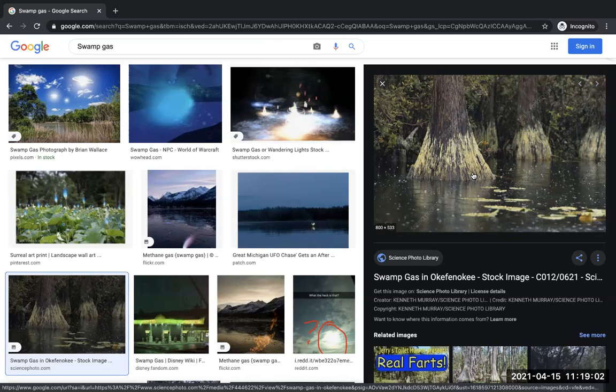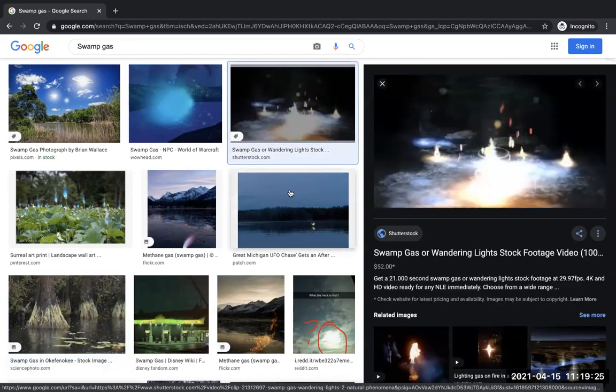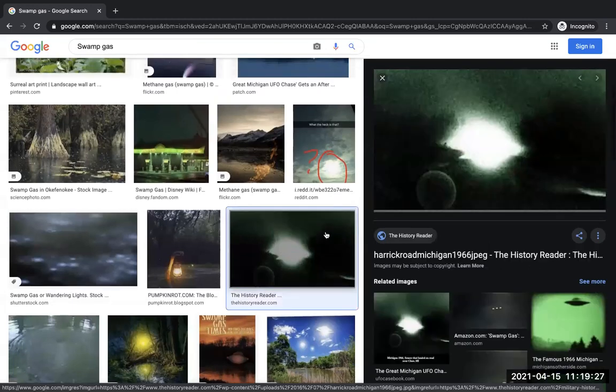And there's archaea that starts to break down those dead leaves, all the vegetation. And when they do that, they generate methane. So when there is methane gas and maybe lightning happens, it can put that swamp gas on fire. So you might see these fireballs.